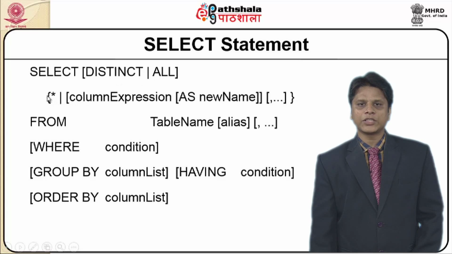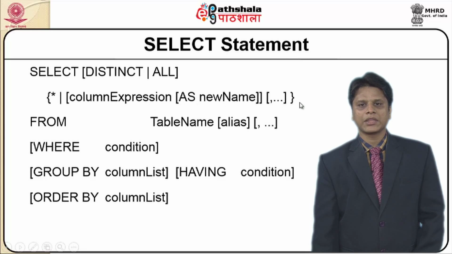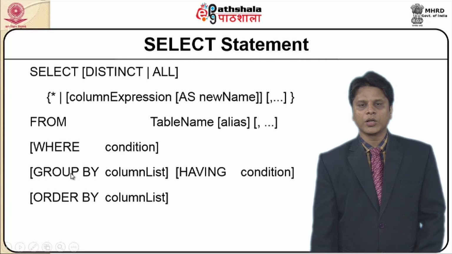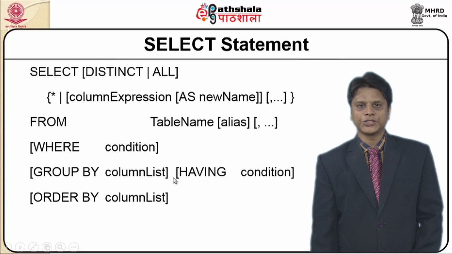Then we have a set of mandatory items, which is either a star or a column expression AS a new name or something else. This depends upon the table name, relation name, etc. FROM a table name, alias, etc. WHERE a condition needs to be given, and it can even include a GROUP BY clause, a HAVING clause with a condition, and an ORDER BY clause.